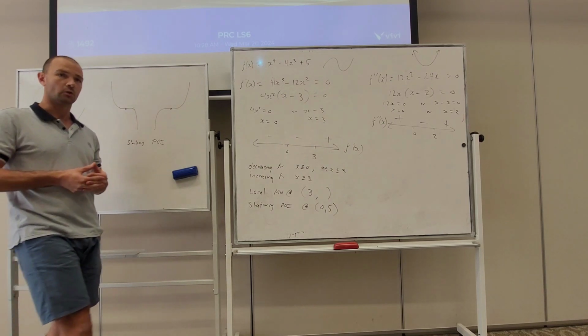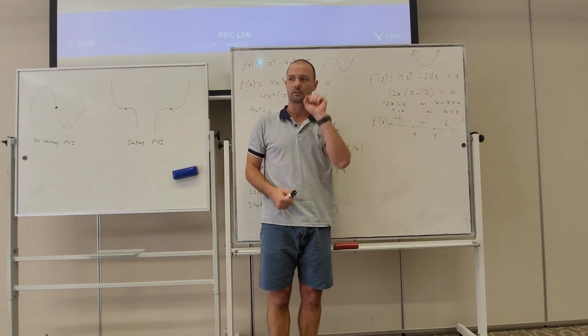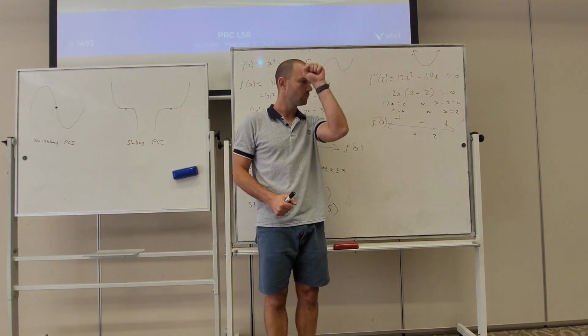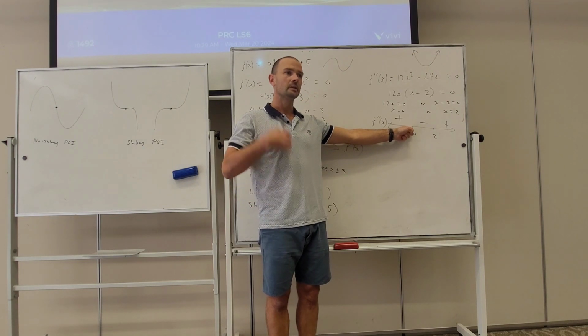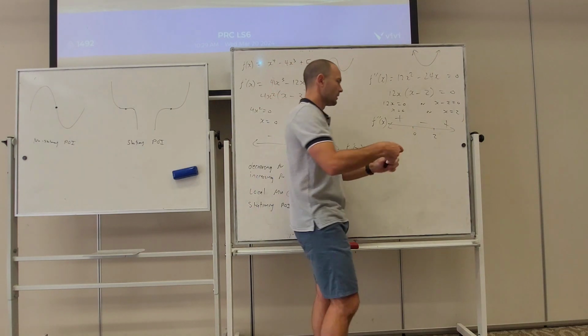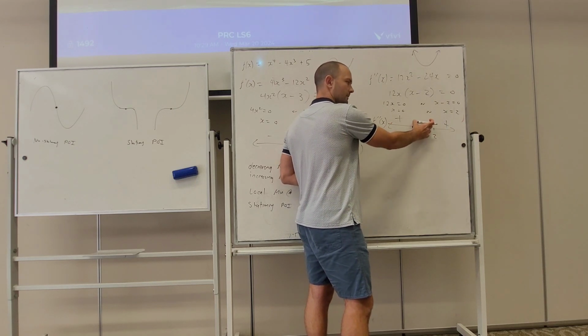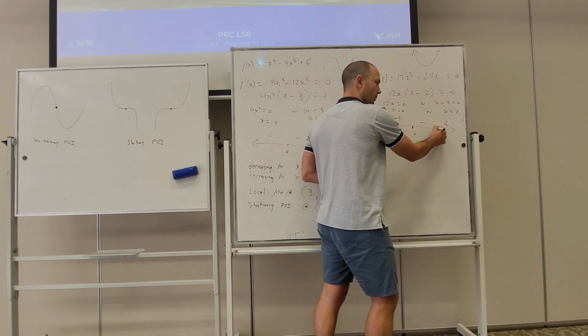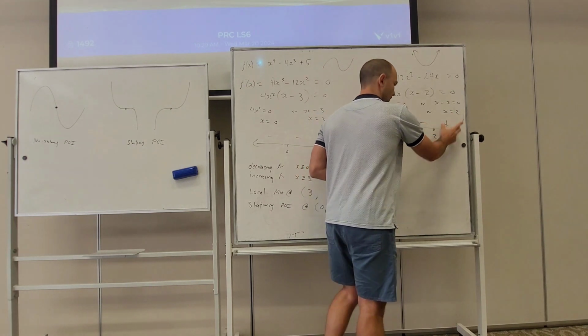So this tells us that we have 2 points of inflection. A point of inflection will occur when the sign diagram of the second derivative changes sign. This is a point of inflection because it changes from positive to negative, and this is a point of inflection because it changes from negative to positive.